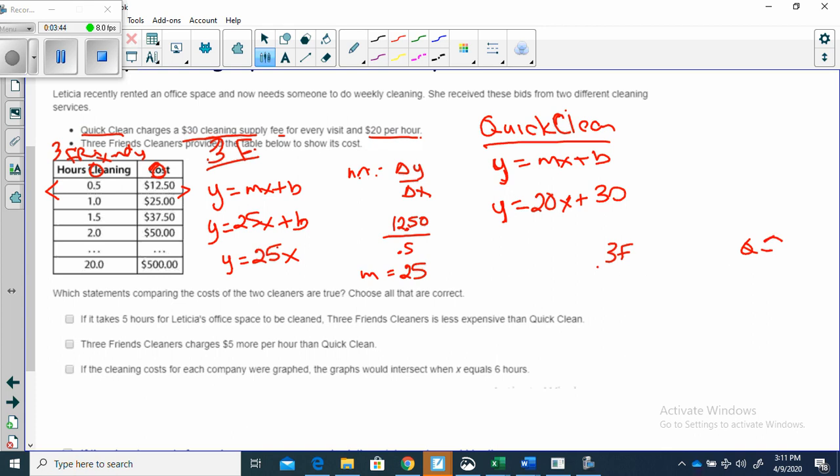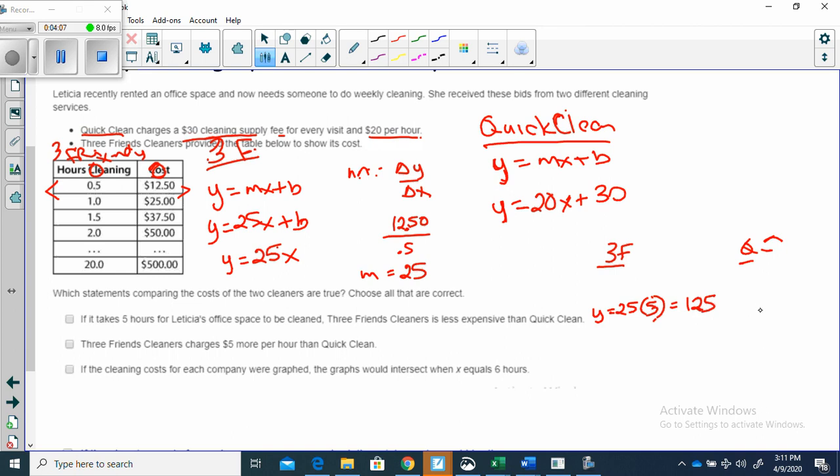If it takes 5 hours, let's plug it into the equation. Three Friends is y is equal to 25 times x, and here your x is 5, right? 25 times 5 would be 125. So it'd be $125 for 5 hours with Three Friends.